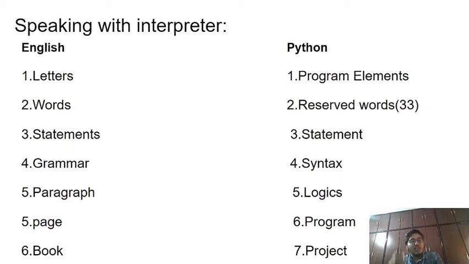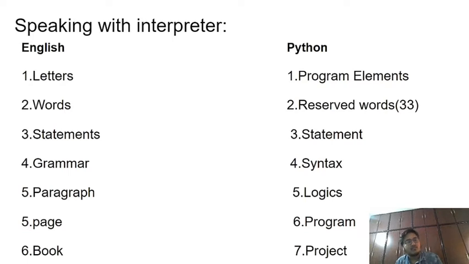If you want to learn English, we will be undergoing all these processes, all these stages, and then finally you will be writing one book if you want to be a professional. Yes or no? Similarly, like English, in Python we will be having something like this. Letters are similar to programming elements.